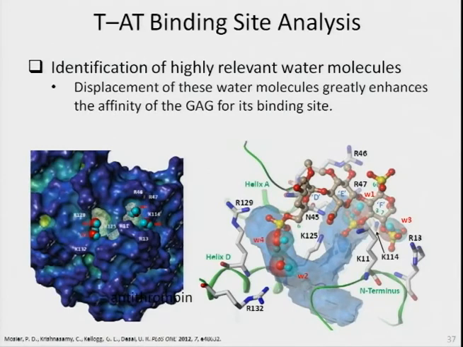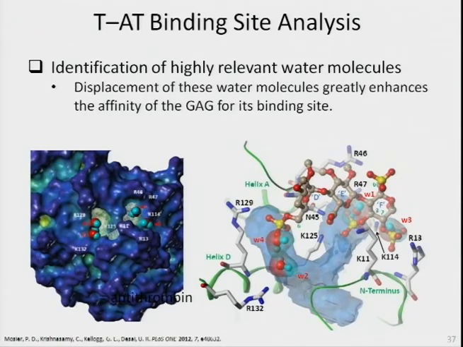And what we found is that when we analyzed the binding site for the pentasaccharide in antithrombin, we see that there are several water molecules in this sort of groove, some of which are highly conserved. A couple of these are fairly tightly held. And so displacement of these by the GAG is going to release the water molecules, increase entropy, and affect the binding in a very positive way.